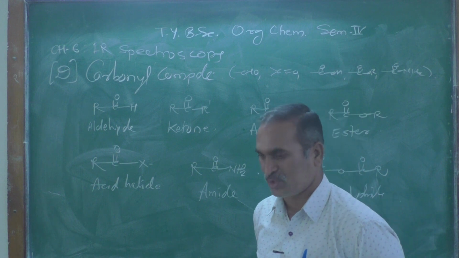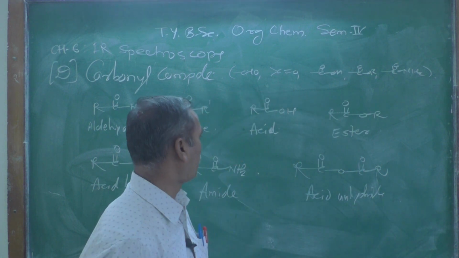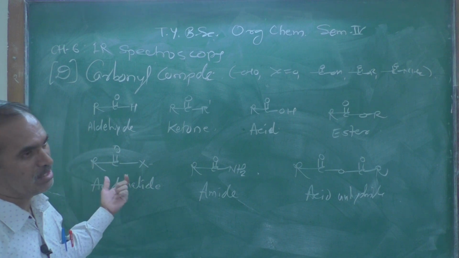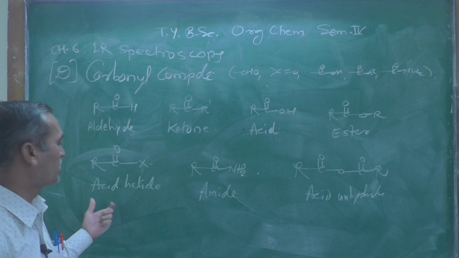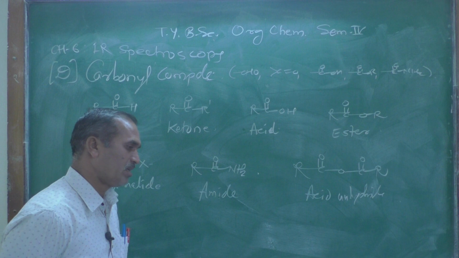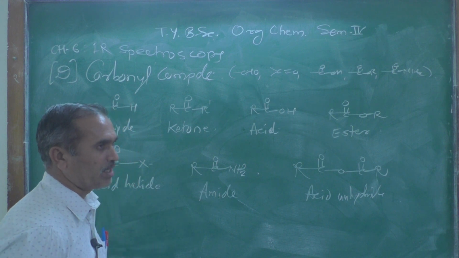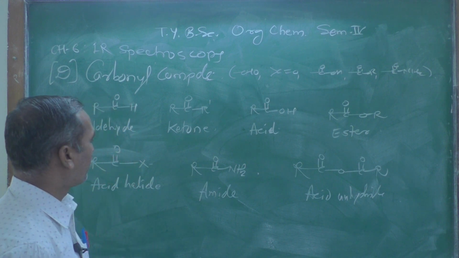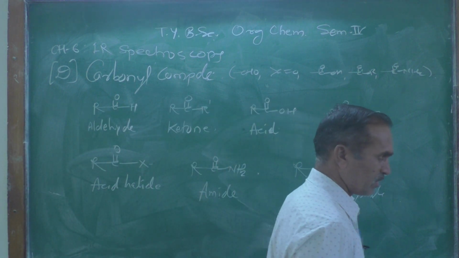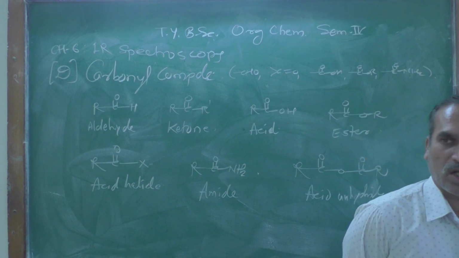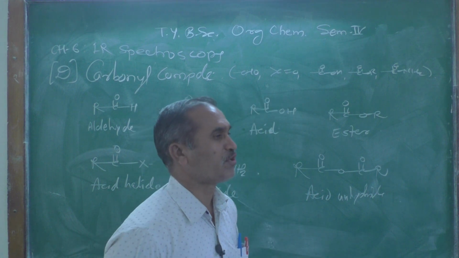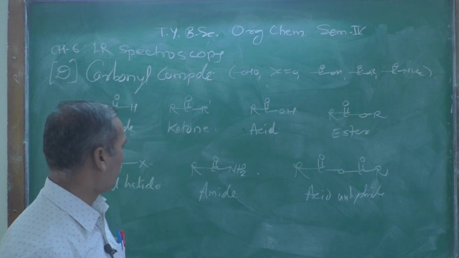The organic compound having general formula RC double bond OX is known as an acid halide, where R may be alkyl, aliphatic or aromatic, and X may be fluorine, chlorine, bromine or iodine. As we know, these are the halogen family members.